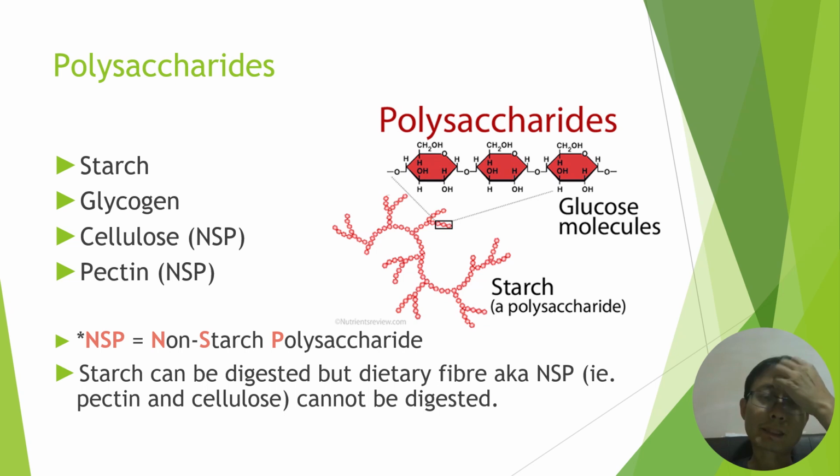In terms of polysaccharides, there are a few types. Firstly is your starch that is found in plants, and glycogen. Non-starch polysaccharides are your cellulose and your pectin.